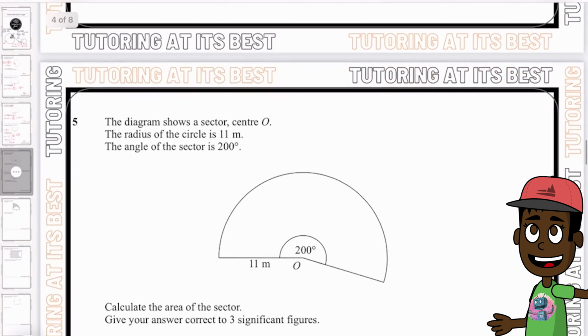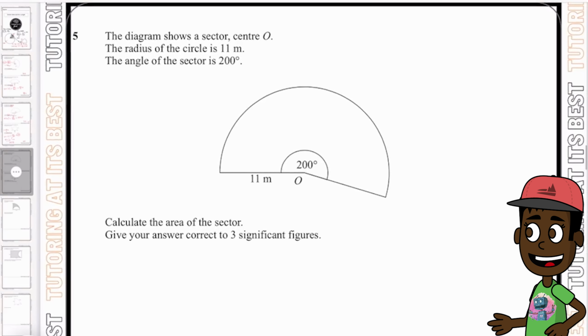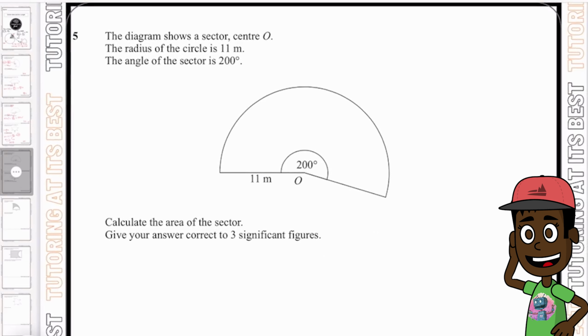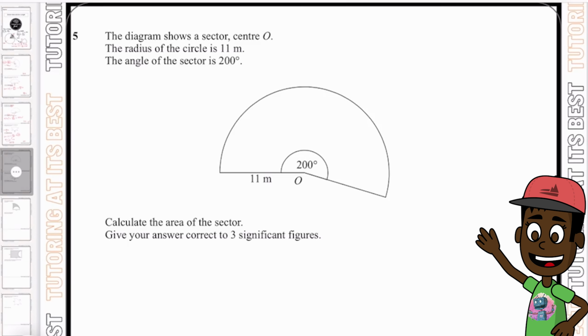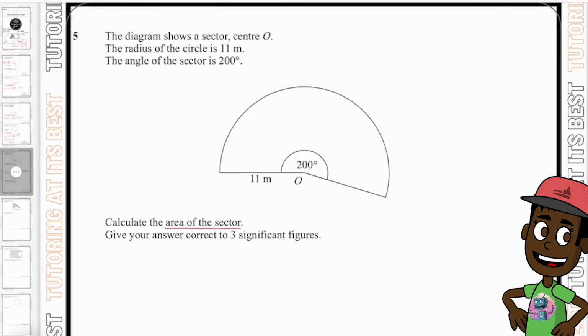Okay, let's move over to question 5. So the diagram shows a sector, center O. The radius of the circle is 11 meters, and we have an angle of 200 degrees. So let's calculate the area of the sector. Again, feel free to pause the video at any time, attempt it, and then press play. But let's go ahead. So we now know it's the area.